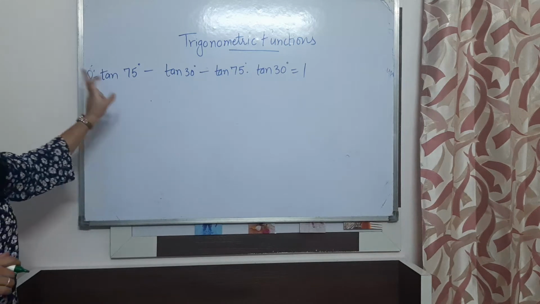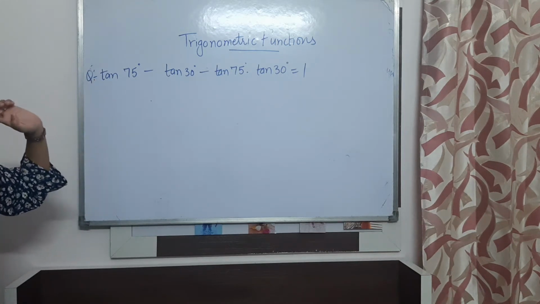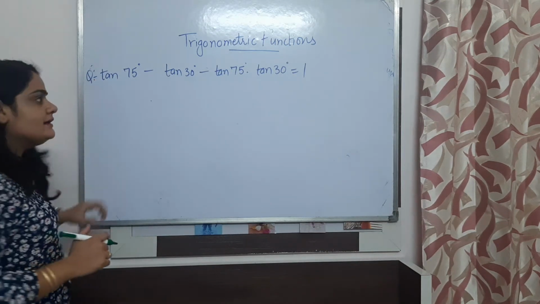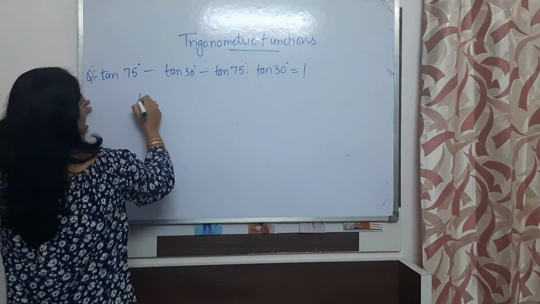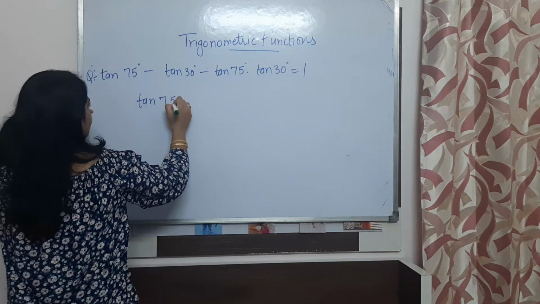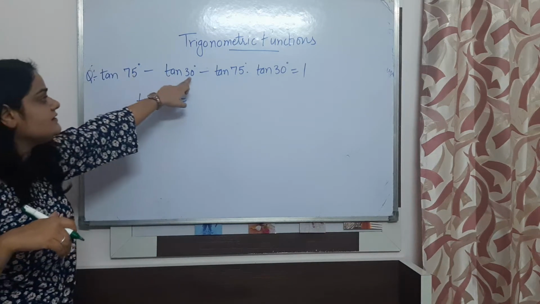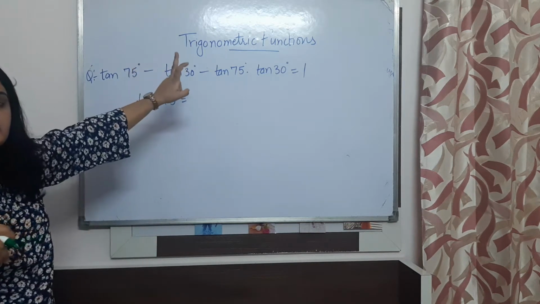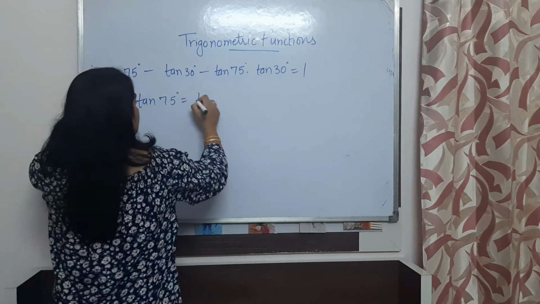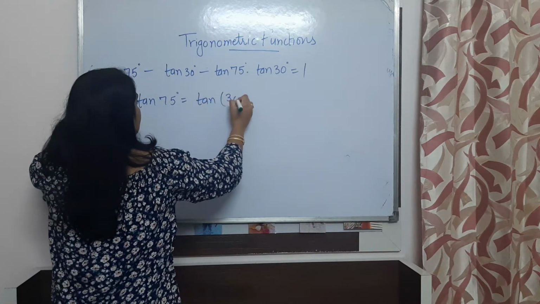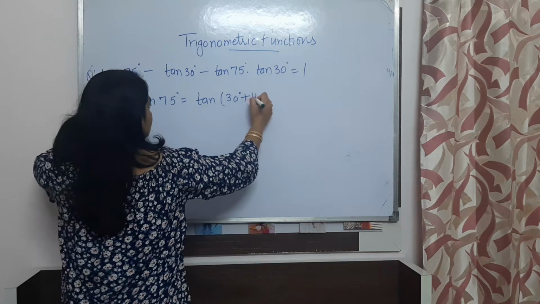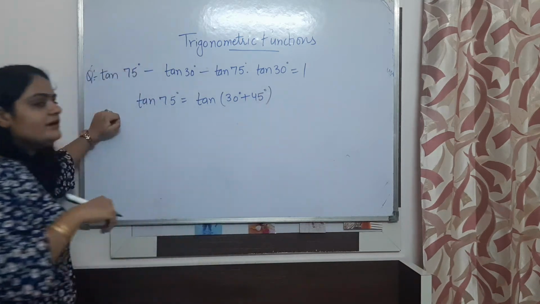Now of course I need to take one angle and we need to segregate that angle. So if I am taking tan 75, another angle is 30. First angle is 75, another angle is 30. So can I segregate it as 30 and 45?